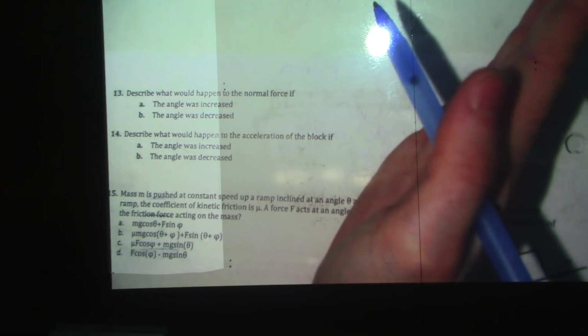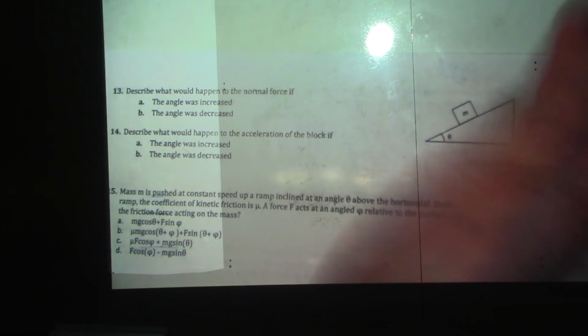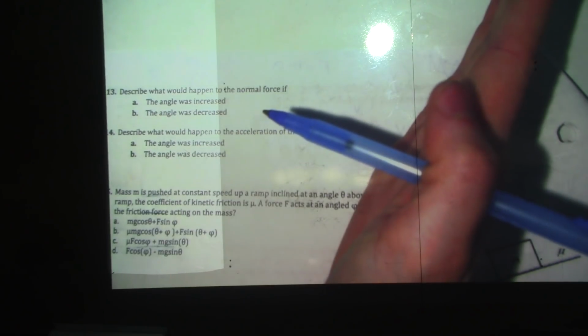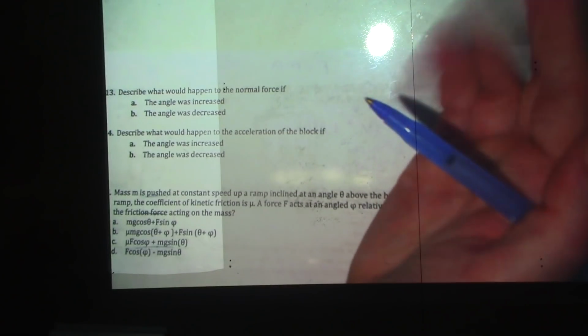What would happen to the normal force if the angle was increased? So if the angle was increased, you were getting less and less of the surface pushing against that mg cosine. So the mg cosine is going to be smaller because the part that is perpendicular is getting smaller.